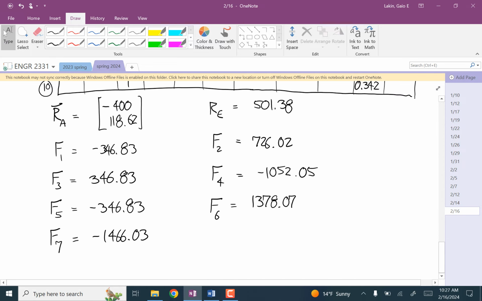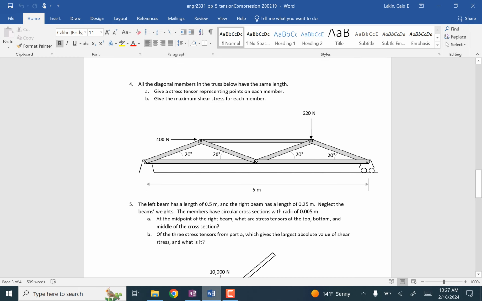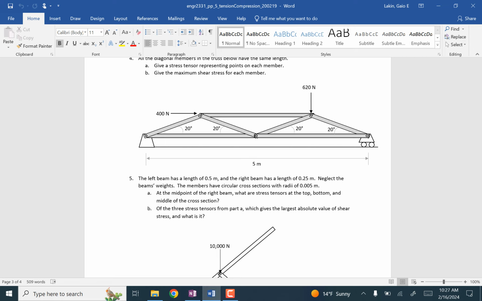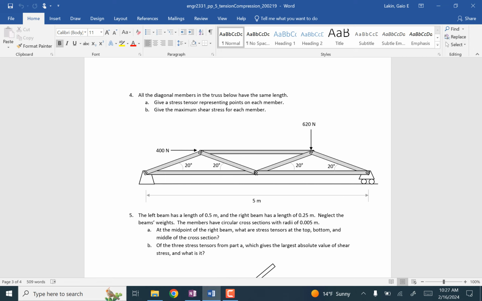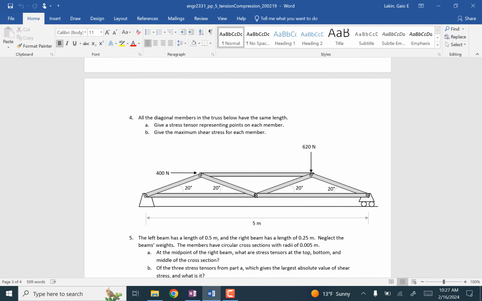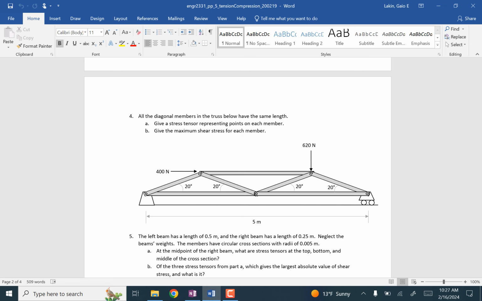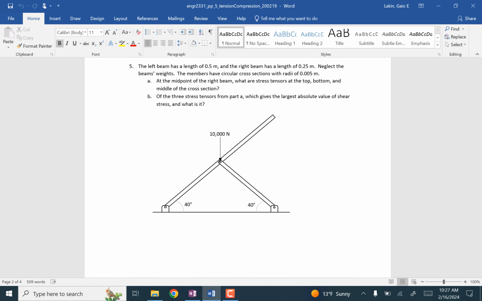All right, and then what else does it ask us to do? Stress tensor for each member. But it doesn't tell us a cross-sectional area.